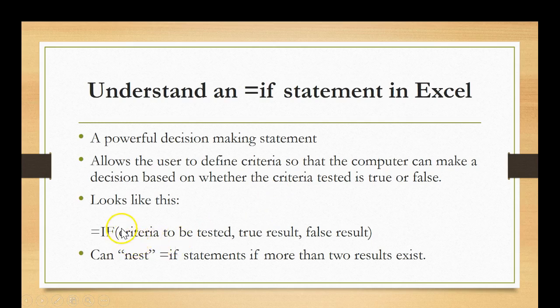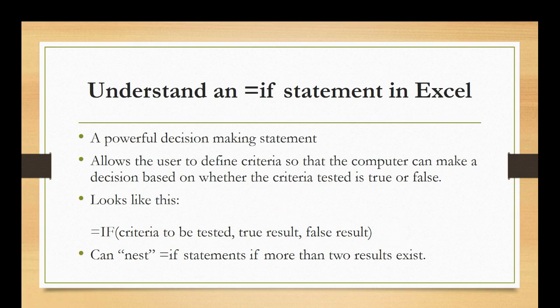It looks like this: equals if with three things inside the parentheses with the variables separated by commas. So first we'll put in the criteria to be tested, and then we'll put in a comma, followed by what we want the computer to do if the result is true, followed by what we want the computer to do if the result is false.